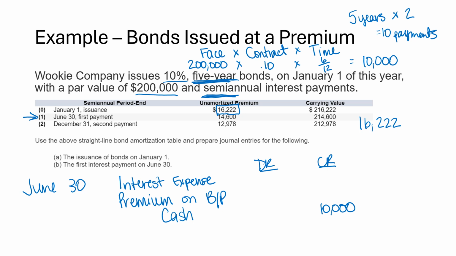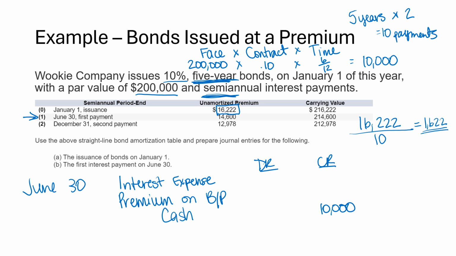So the amortization for the premium needs to be equally divided over 10 interest payments. When we do that, we get an amount of $1,622. So that is the amount that will be used in our journal entry as the premium amortization.